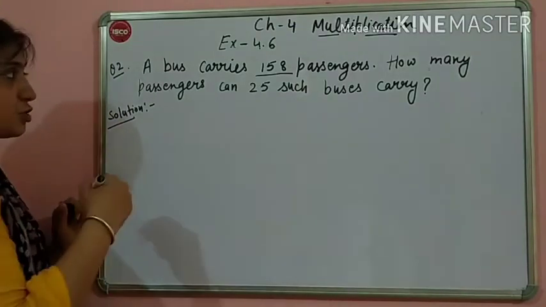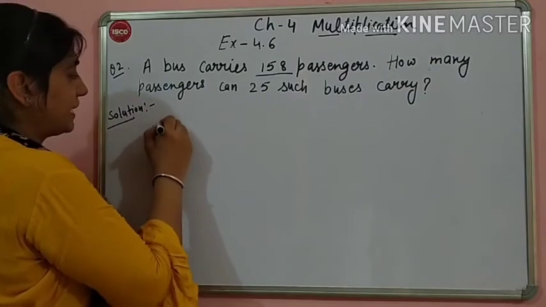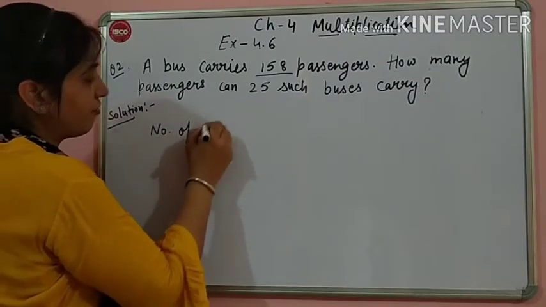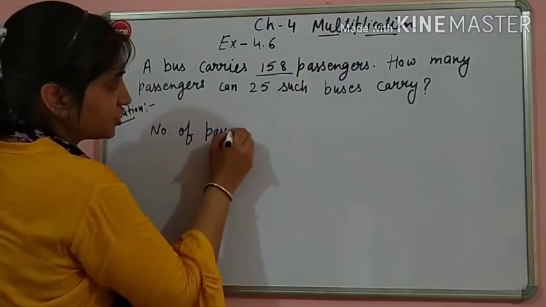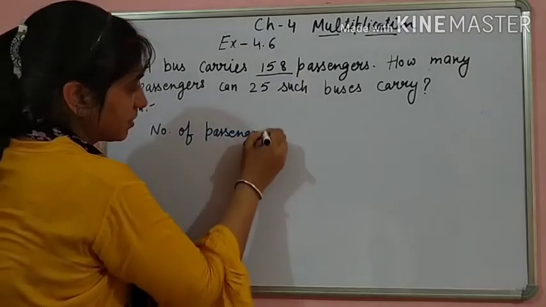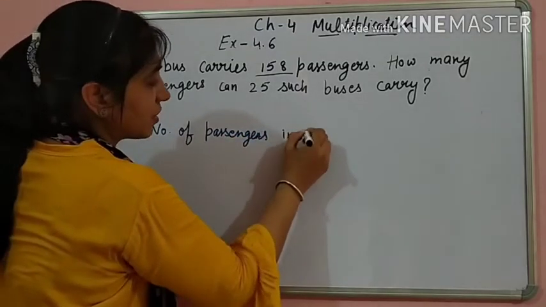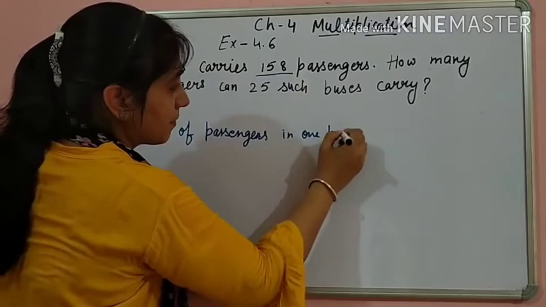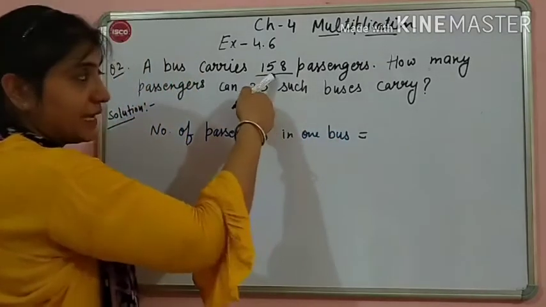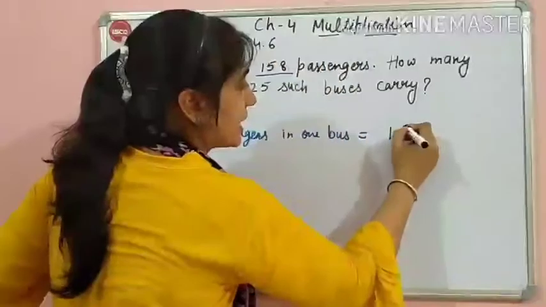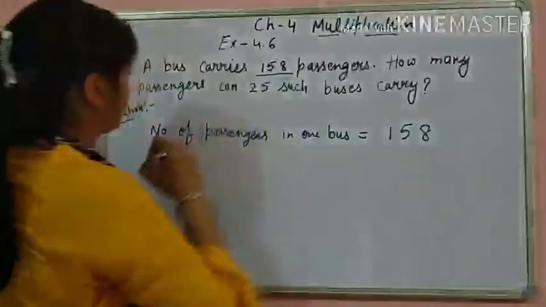So start the solution. We will write number of passengers in one bus. How many? Yes, 158.